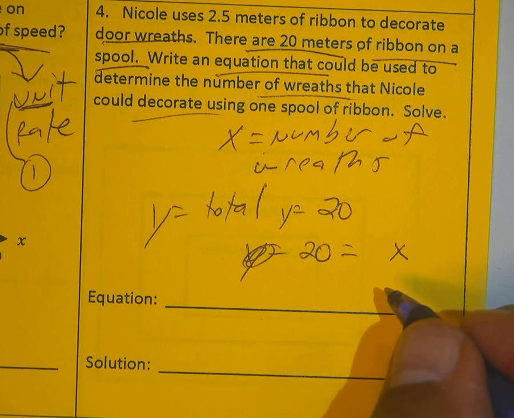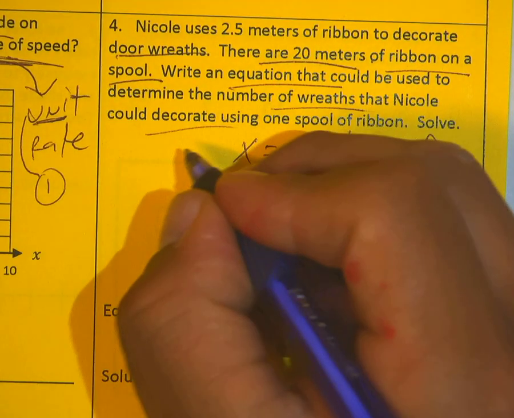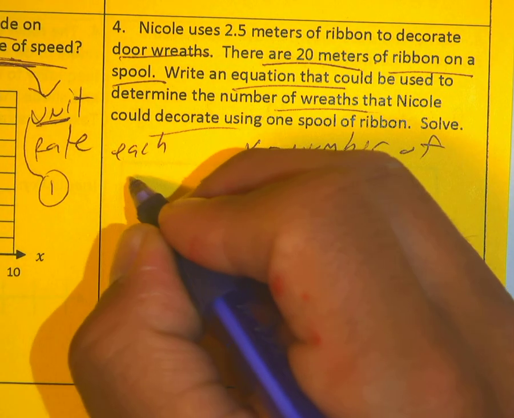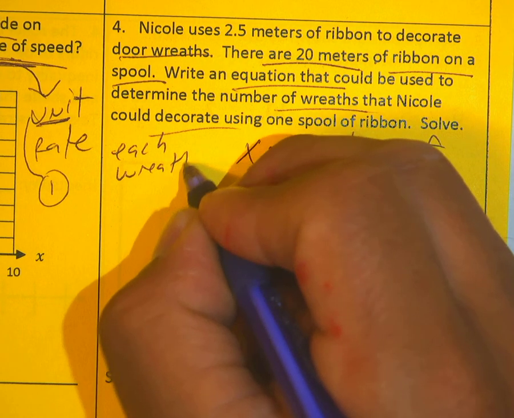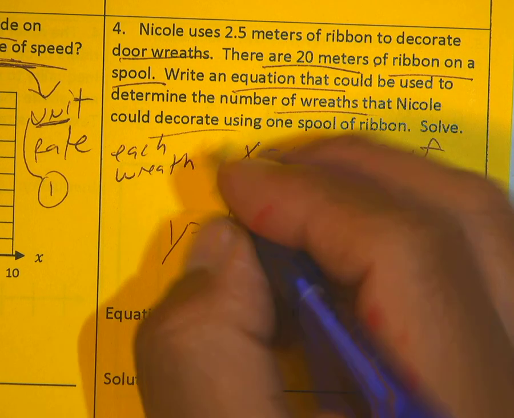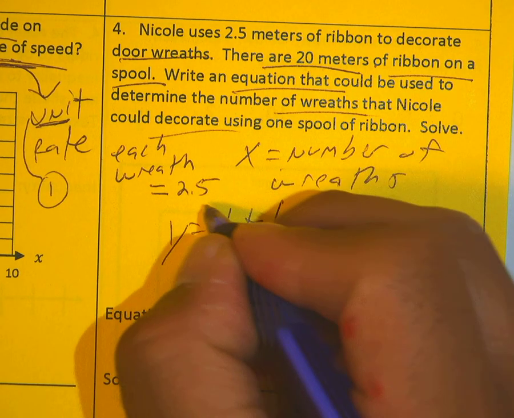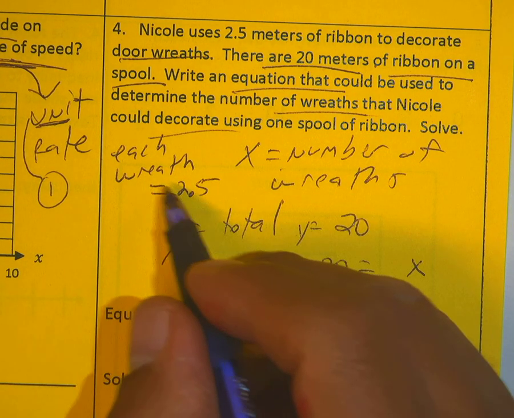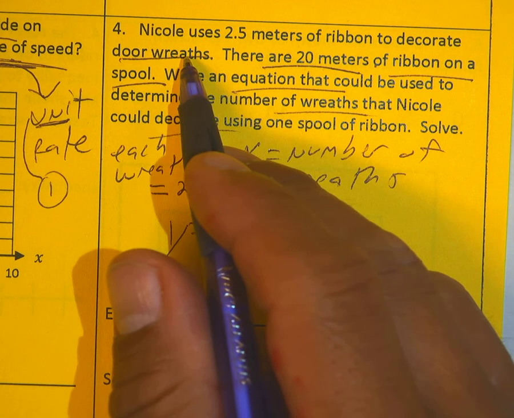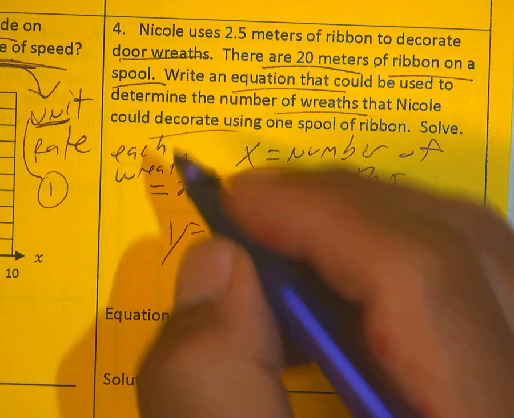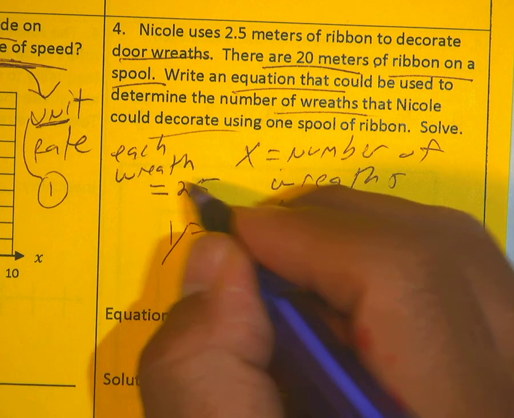Now how much is each wreath going to take? Each wreath requires 2.5 meters. Each wreath is going to require, in other words, to decorate the door wreath. So you're going to use for each wreath 2.5.